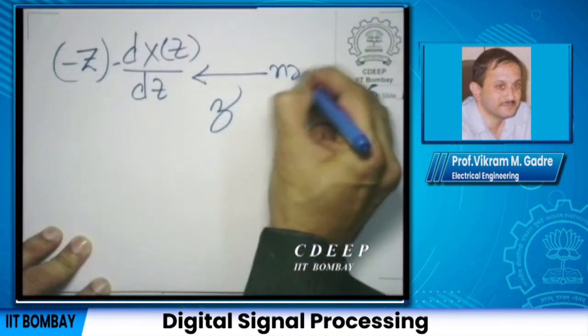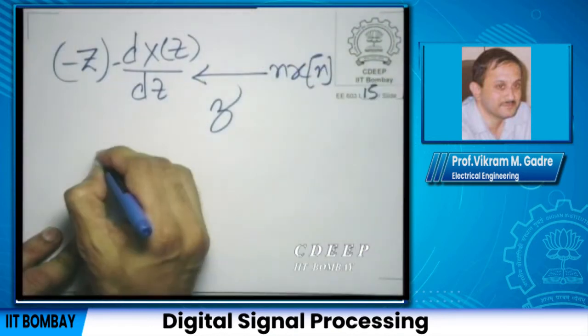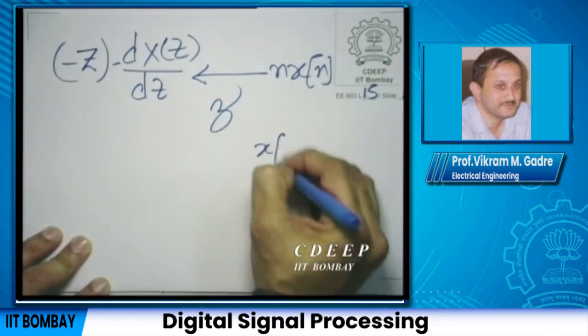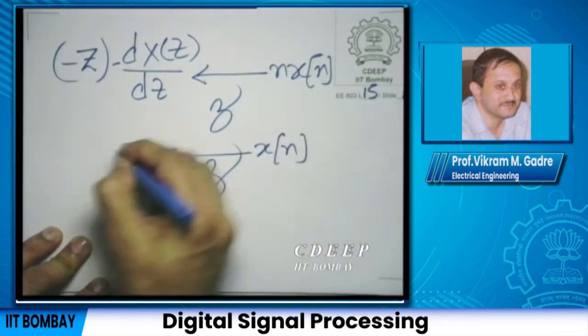Convolution is in general a more complex operation than what we are going to do. We will invoke the property of taking the derivative of the z transform. So, we invoke the fact that minus z times dX(z)/dz corresponds to n times x[n], where the z transform of x[n] is X(z).